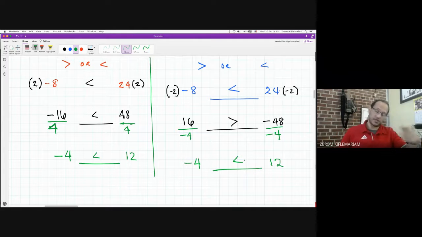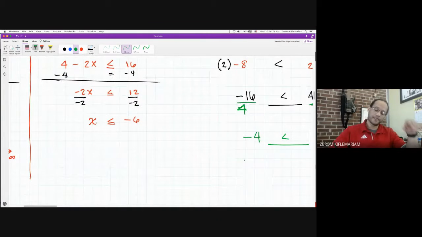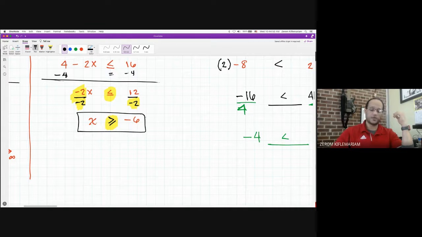The sign flips. So when we are solving a problem like what we just did over here, I have to pay attention right here when I am dividing by -2. This sign that I have over here must change. Does that make sense? So the sign that was less than or equal to becomes greater than or equal to. That would be my answer in what form? In inequality form.